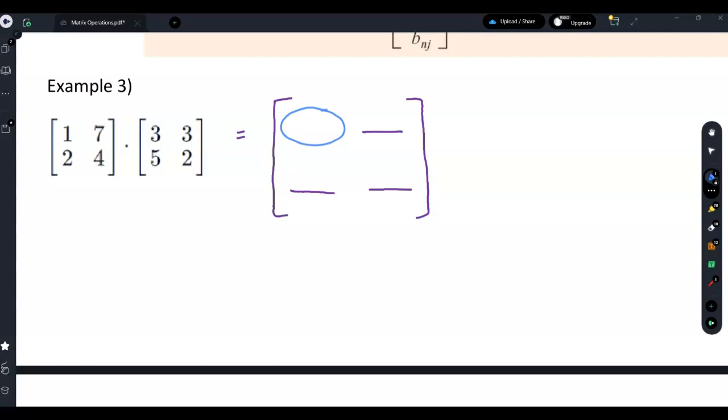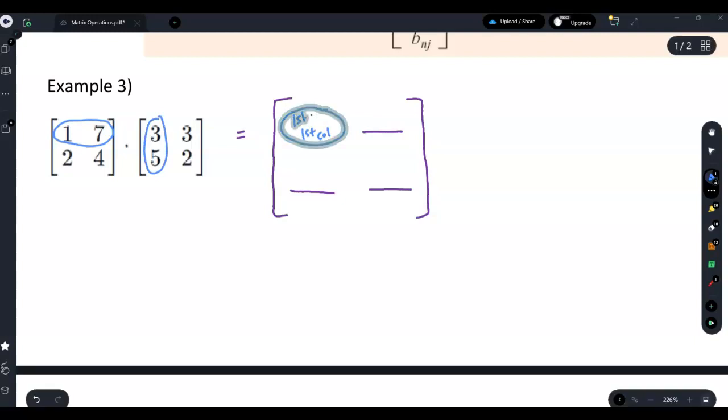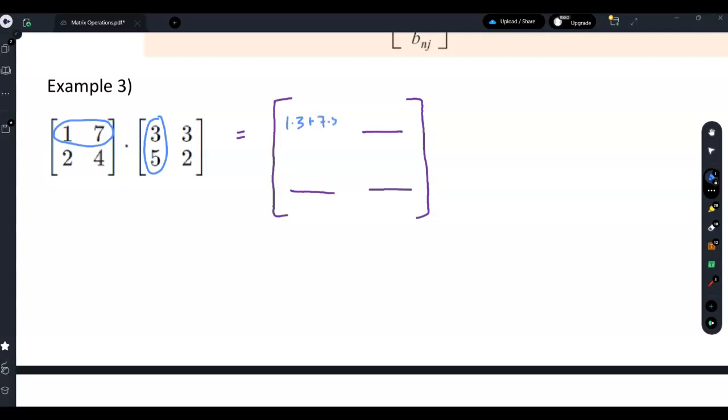And so what I would do is look at which number I am trying to find. In this case, I'm trying to find what's in the first row and first column. So I'm going to take the first row in the first matrix times the first column in the second matrix. That means I'm going to do 1 times 3 and 7 times 5, and then add those together.